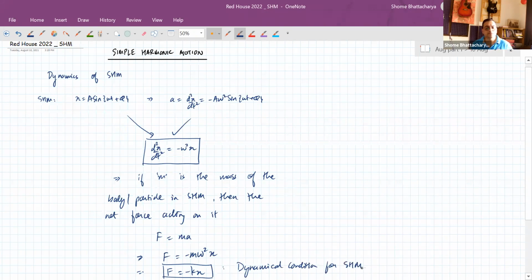That at the point x equal to 0, the net force should be 0. And at any non-zero value of x, the net force is proportional to displacement but opposite in direction. That means it is a restorative force that is proportional to the displacement in magnitude.